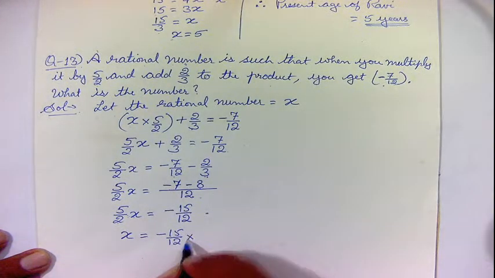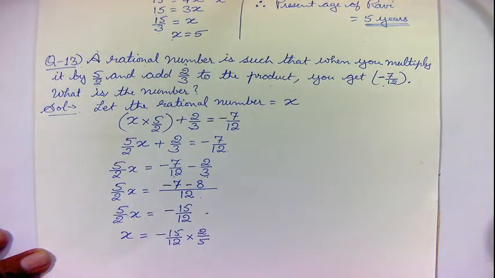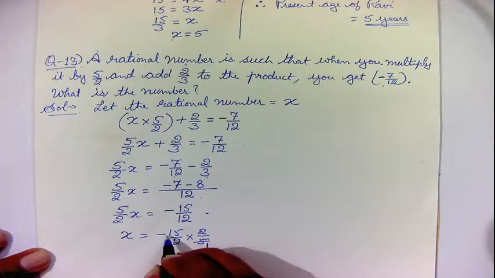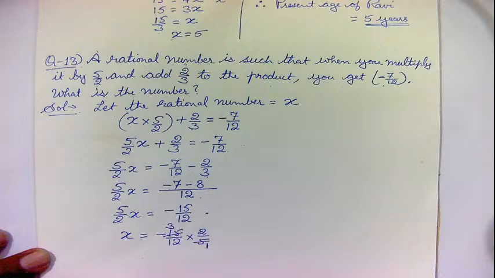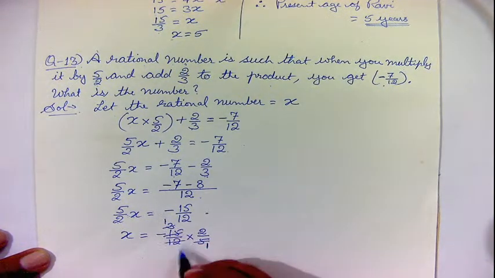And what will be the change? This 5 upon 2, you are going to take the reciprocal of it, and it becomes 2 upon 5. Now simplify this. So 5 1 times and 5 3 times. Then 3 1 times and 3 4 times 12.